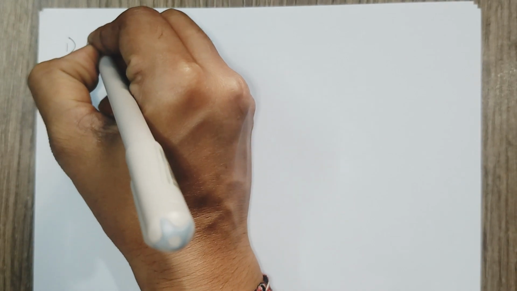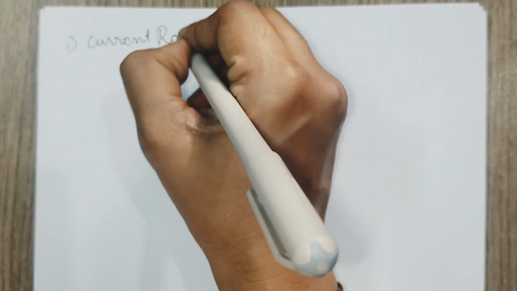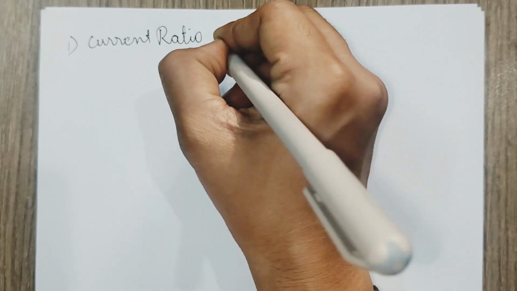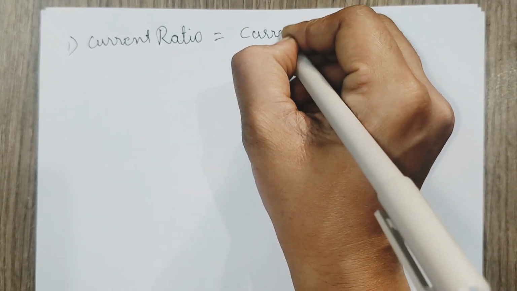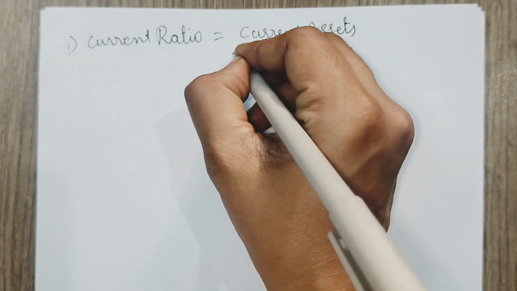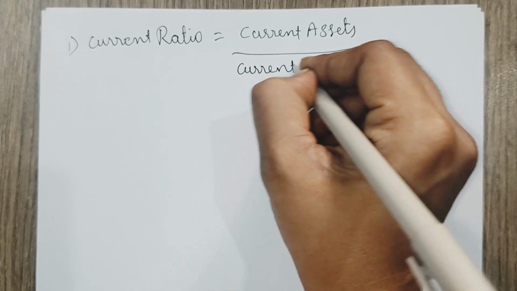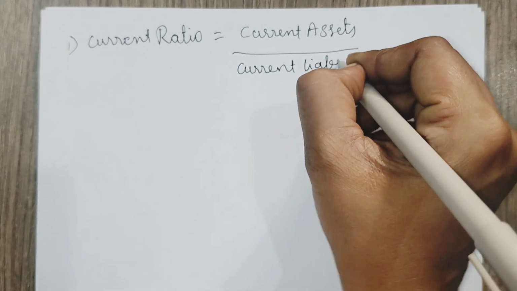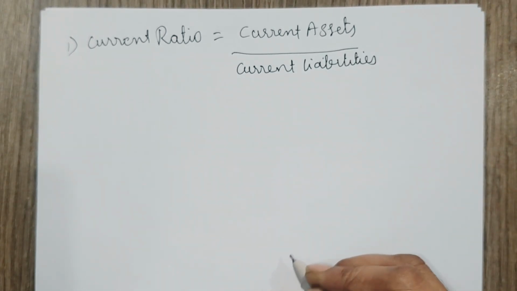Let us calculate first the current ratio. What is the formula for current ratio? Current assets divided by current liabilities is the current ratio.